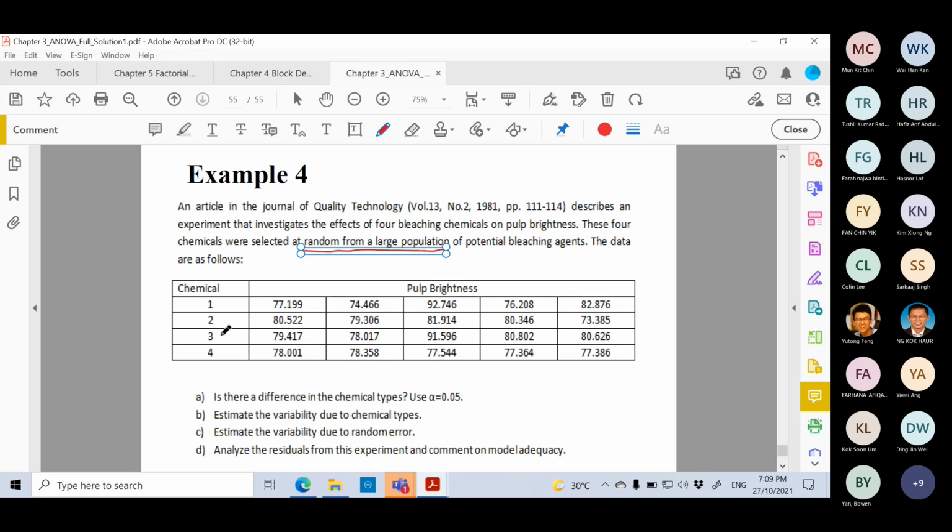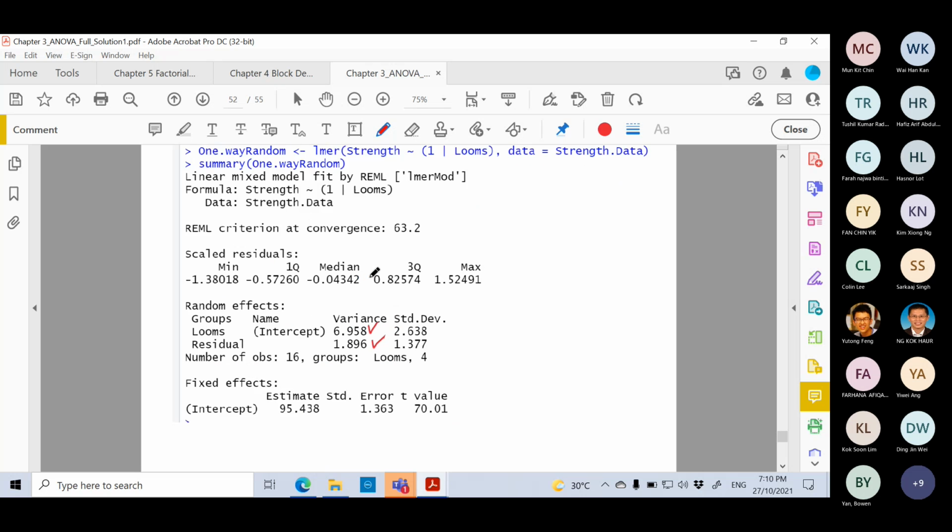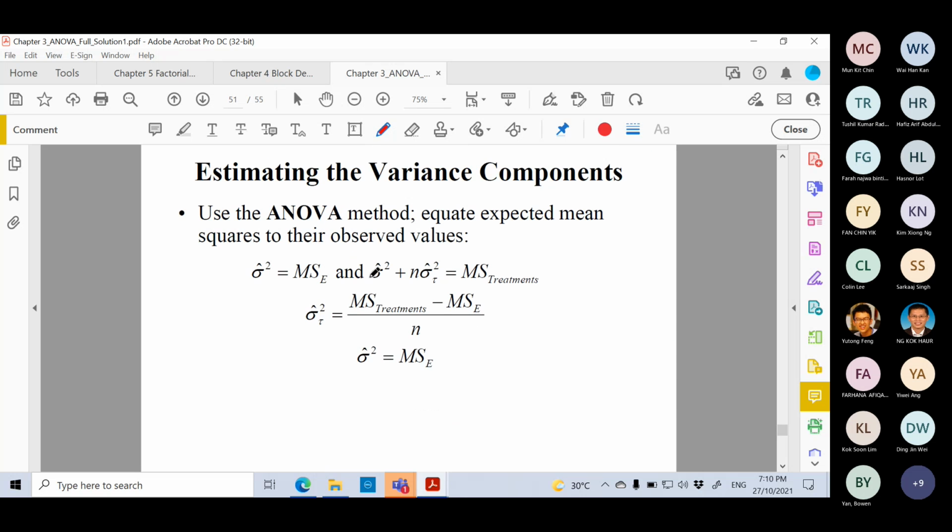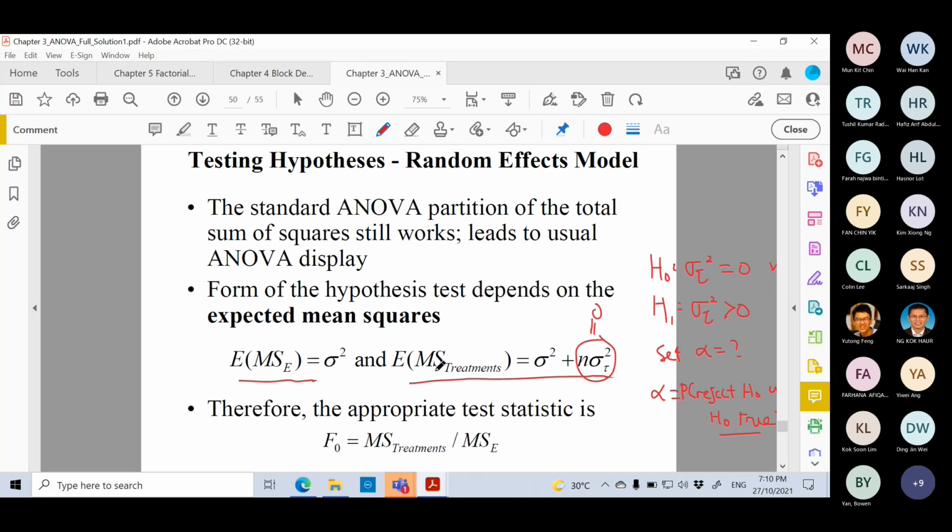Under the mixed effect model, the analysis will be complicated, because you need to know the expected mean square error, and only then can you get your appropriate test statistic.